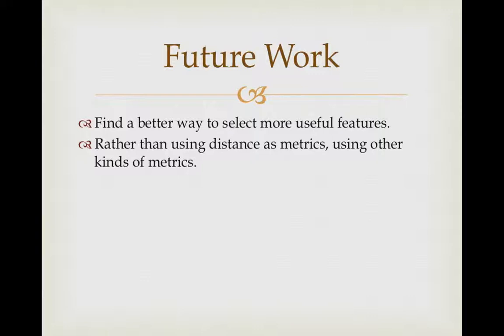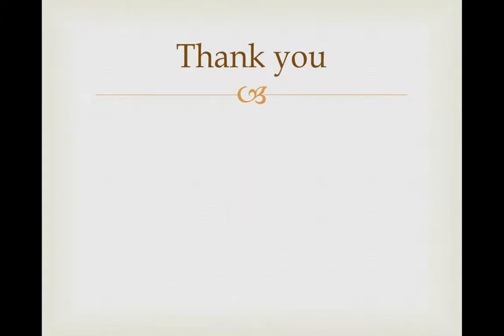And rather than just using Euclidean distance to calculate the likelihood between each test data and the clusters, I think I have to come up with a more powerful metric to judge. And so that's my presentation. Thank you.